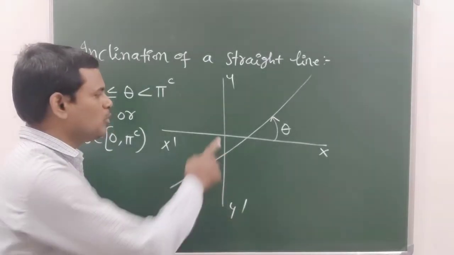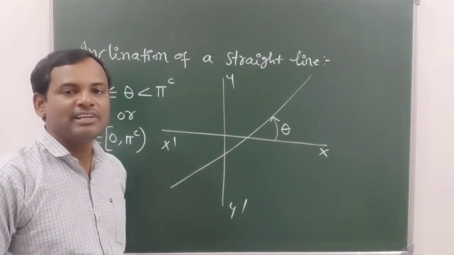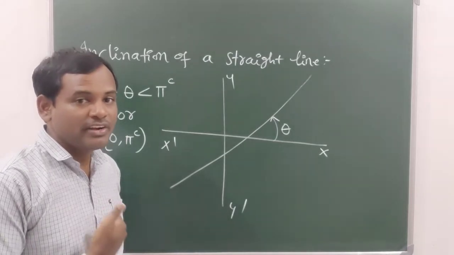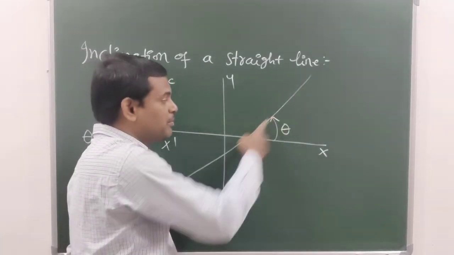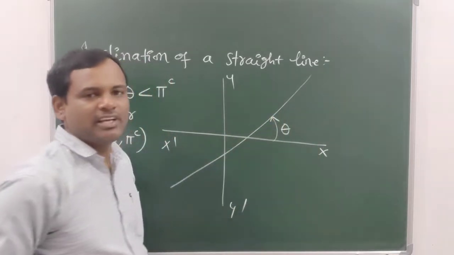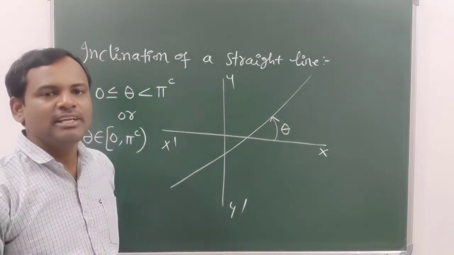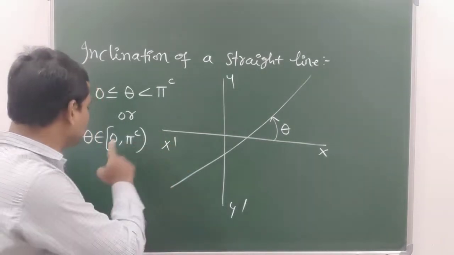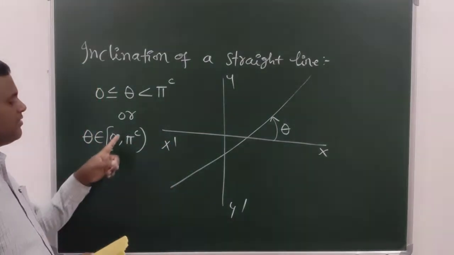I hope you have understood the meaning of inclination. How do we define inclination? The angle made by this line with the x-axis in an anti-clockwise direction is known as inclination. Inclination belongs to this interval.